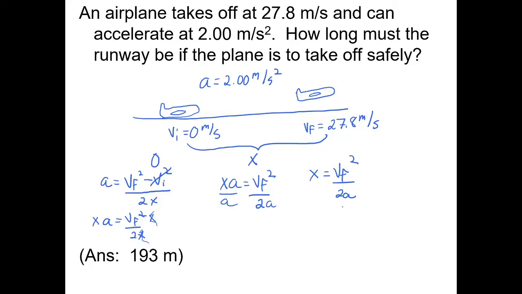By doing the algebra first, we're less likely to make a mistake once we put the numbers in. Because now all we have to do is substitute for the numbers and do the math. And we'll get a runway distance of 193 meters.